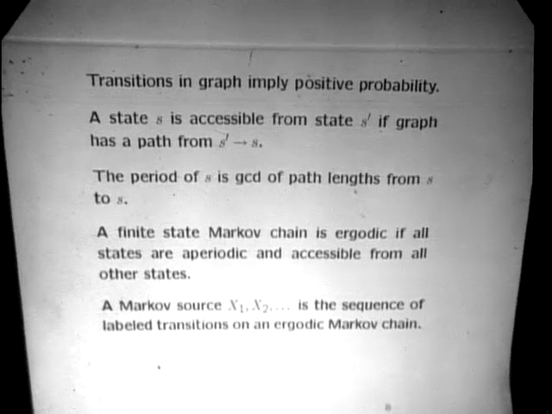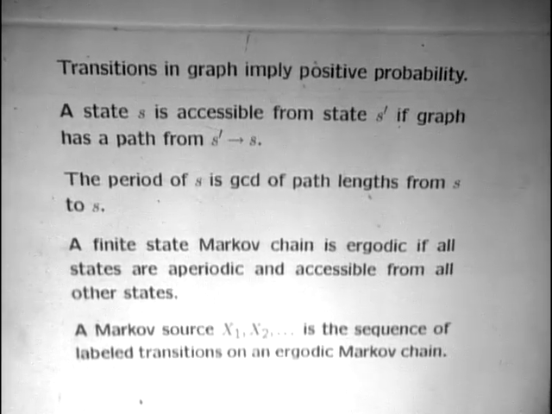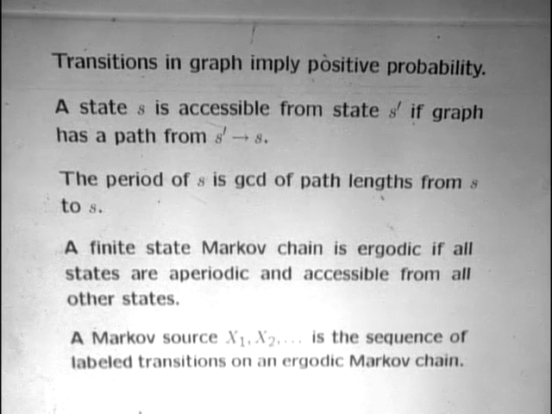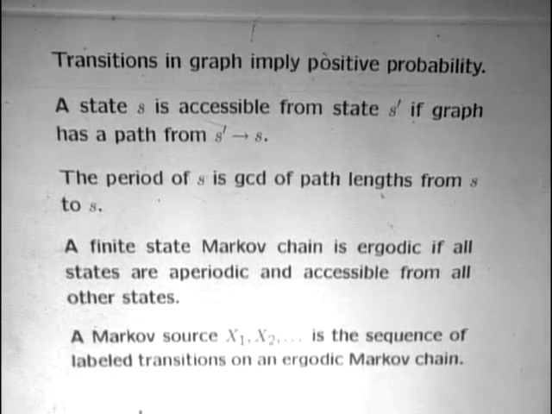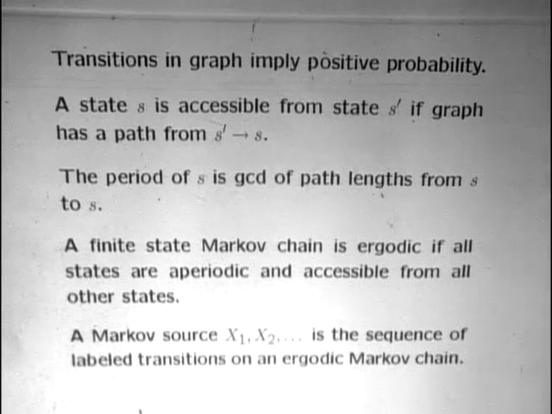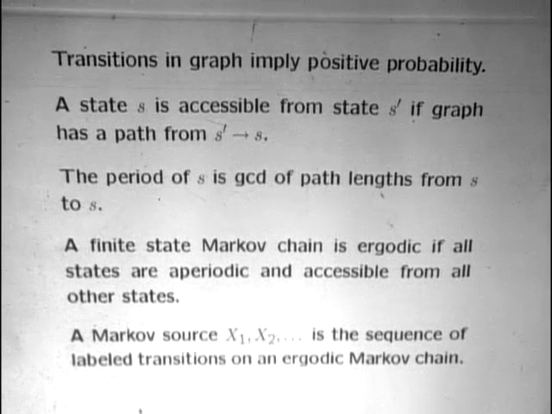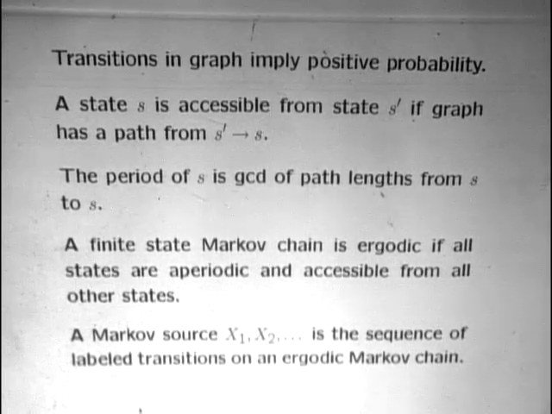And if that period is equal to 1, namely, if there's not some periodic structure which says the only way you can get back to a state is by coming back every 2 steps or every 3 steps or something, then again it's not a very nice Markov chain.